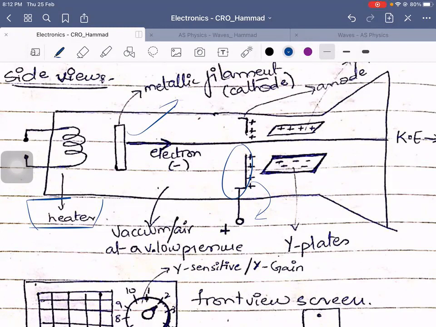Metals are species that have delocalized electrons, right? So when the heat is provided, the electrons will be emitted from the surface of the metallic filament or the metallic plate. This process is called thermionic emission.